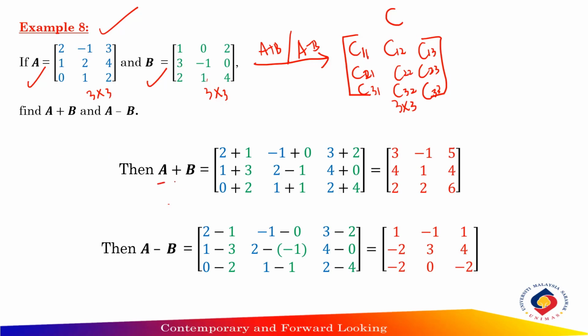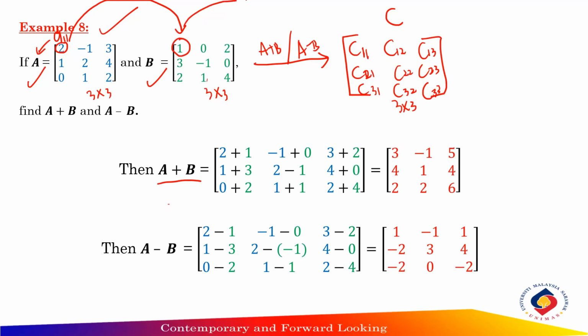Now to solve A plus B, I will start at row 1, column 1 of matrix A, where the element here is 2. And then this element can be added to the element of matrix B at the same position, which is 1.